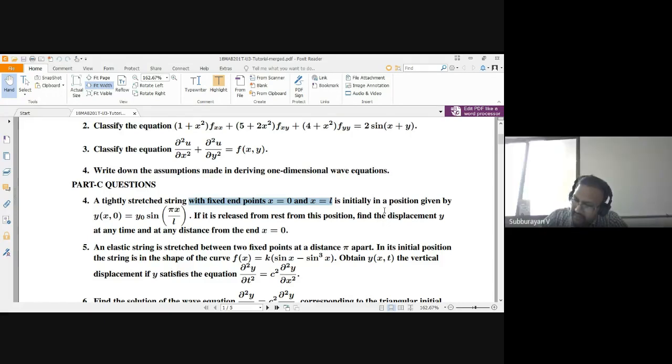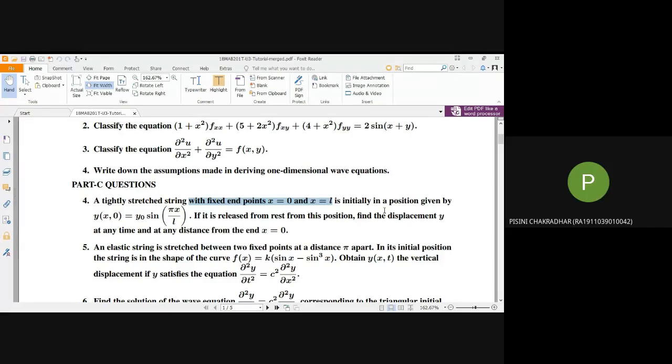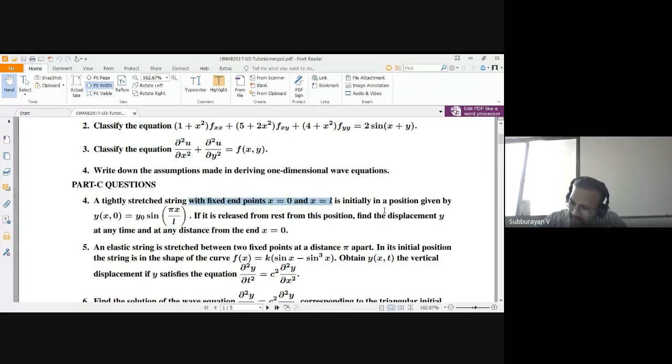Very good, first condition. Second condition is y(L, t) = 0. Very good.